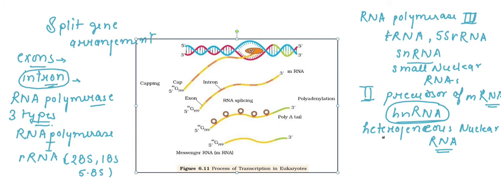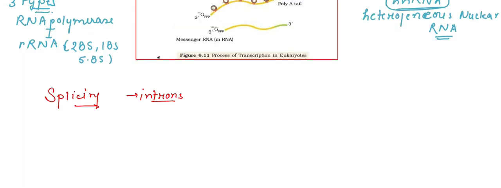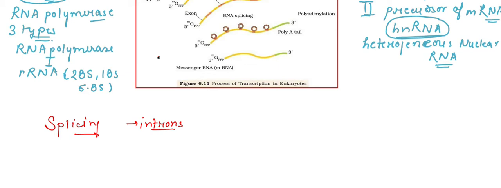Now, what happened here? First, you can say splicing. In splicing, the introns are removed, because we know that in the eukaryotes the monocistronic condition is there, and in the monocistronic condition, the split gene arrangement, exons and introns, are present.